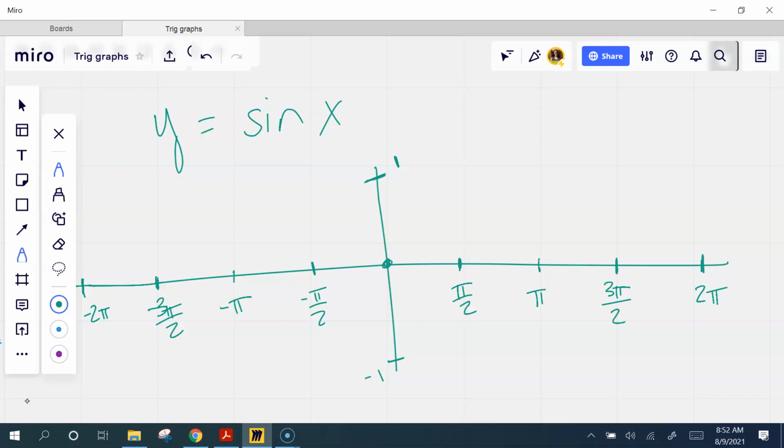So the sine of 0 is 0. What is the sine of pi over 2? We're graphing, so I put 0, 0, because that's a point. Think x-y chart if that helps you.